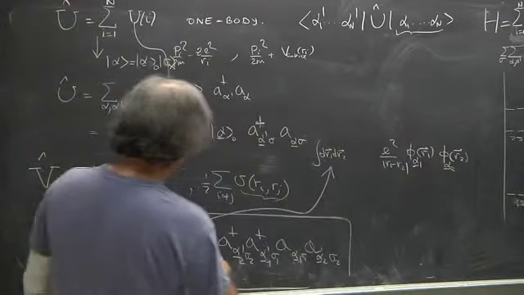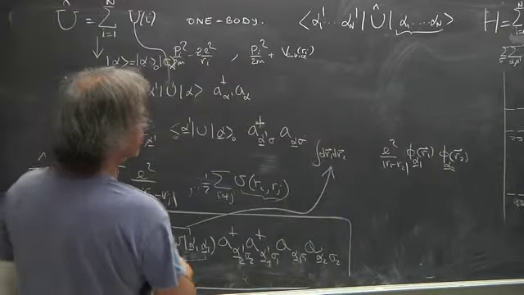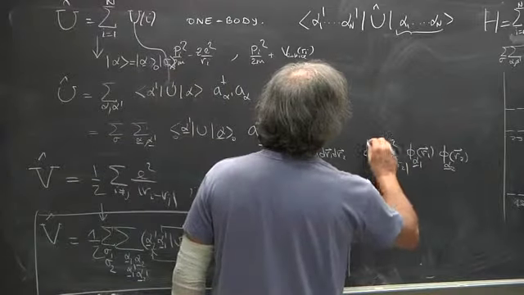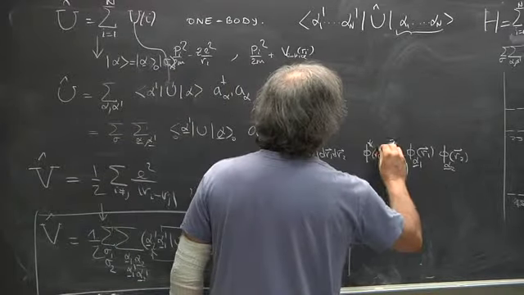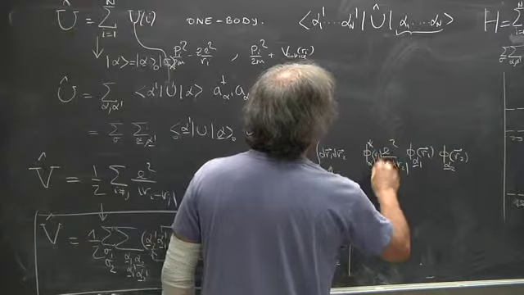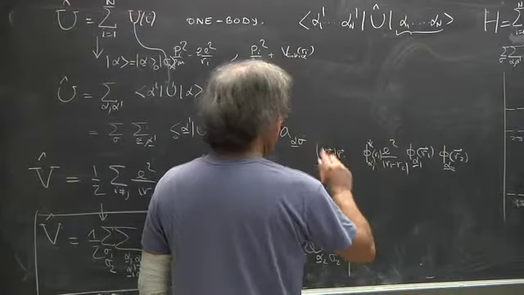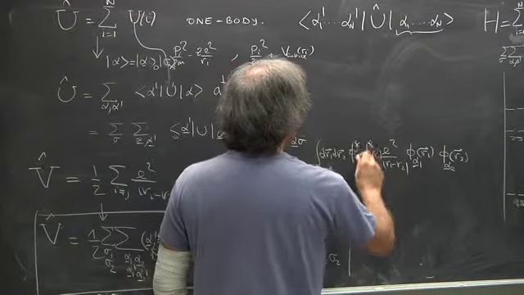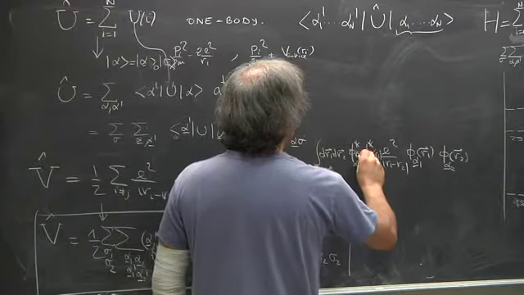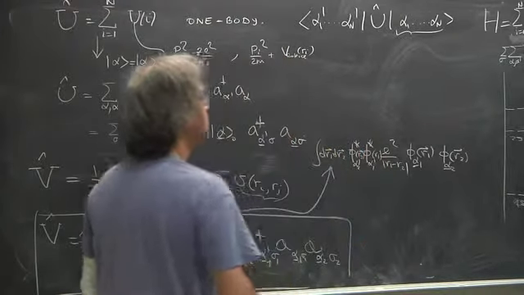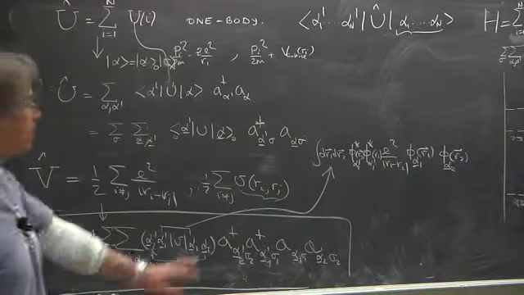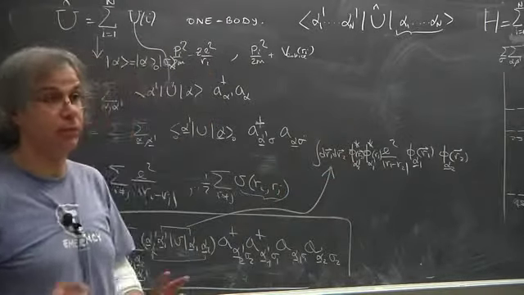Then, careful, alpha 1 prime is associated to particle 1, so I should write phi star of R1, alpha 1 prime, and not R2. And phi star alpha 2 prime of R2. So this would be a double integral, a 6-dimensional integral that you need to calculate.